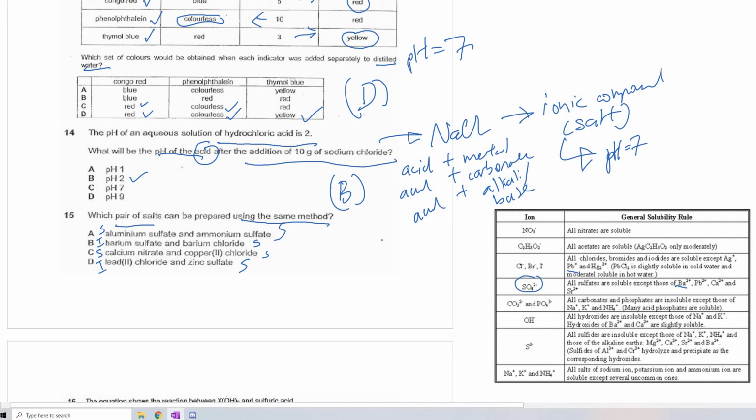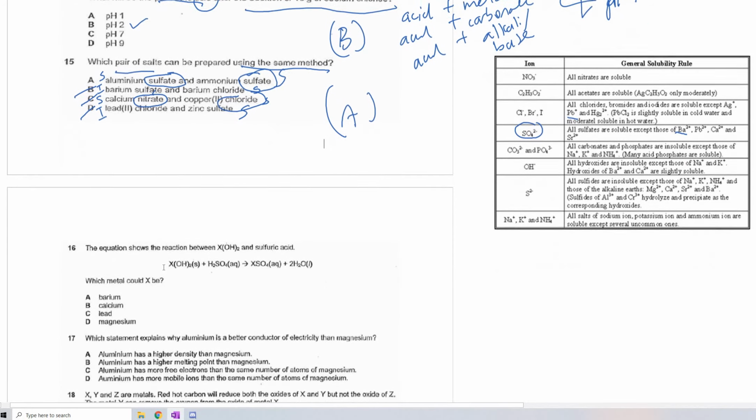So option B cannot be the answer, as well as option D, because one salt is soluble, the other is insoluble. So that leaves us with option A and option C, because we are using nitrate over here and chloride over here, but for option A, we are using sulfate and sulfate, which come from sulfuric acid.